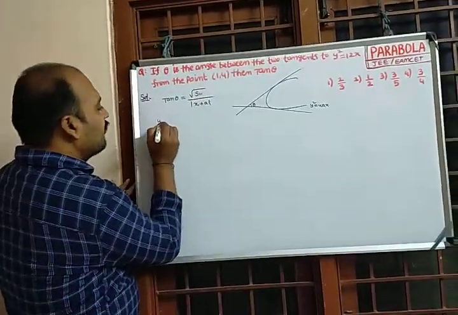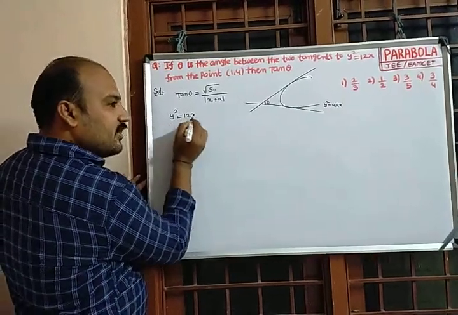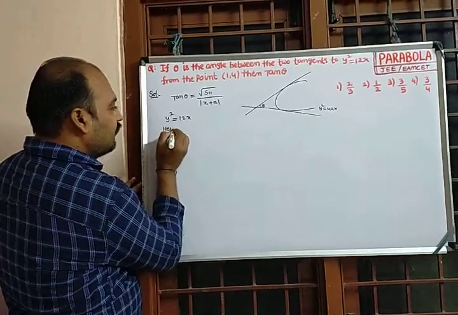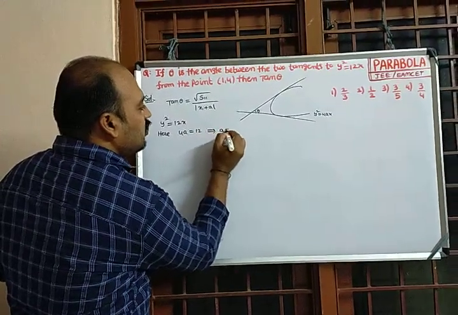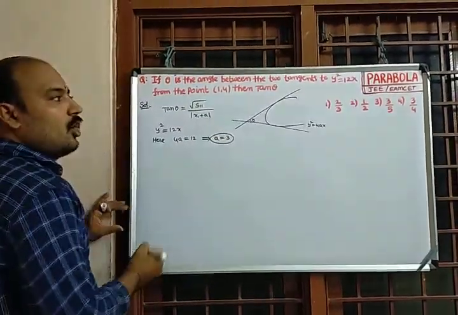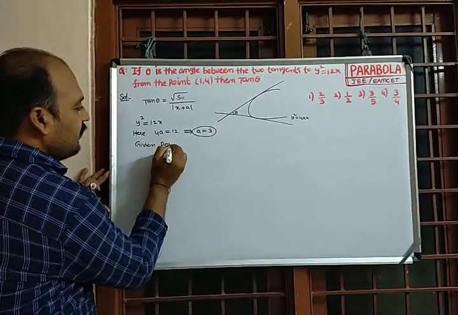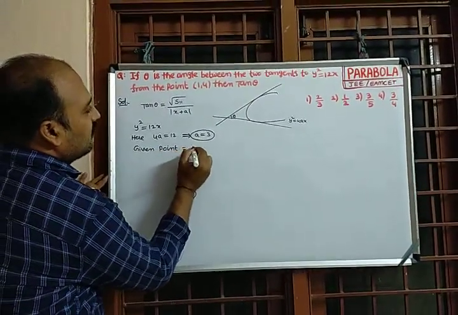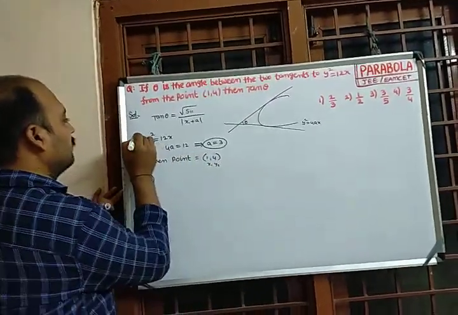First, the given equation of the parabola is y square equal to 12x. Compare with y square equal to 4ax. Here 4a equal to 12, that implies a is equal to 3. After that, the given point is 1, 4, which is x1, y1.